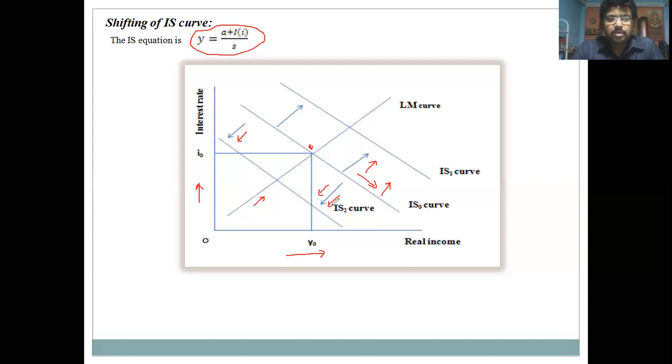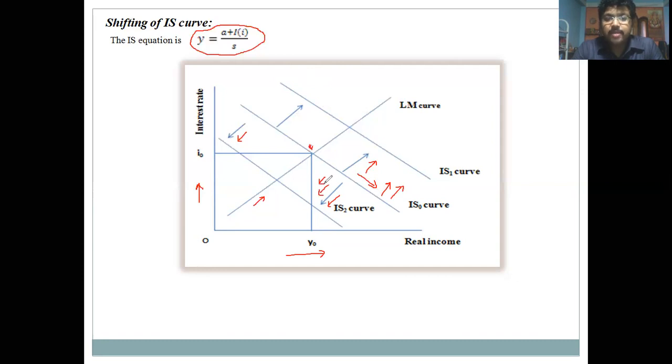Now, if MPC falls, that means the marginal propensity to consume falls, then the IS curve will shift upward. And if the marginal propensity to save increases, then the IS0 curve will shift towards the origin.